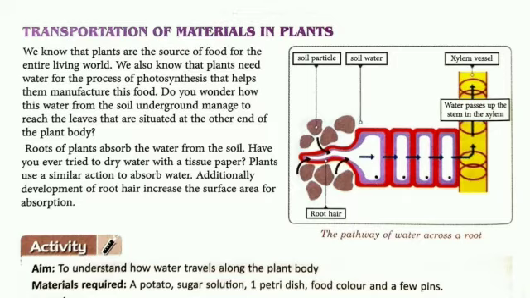The ring in the picture is the xylem. Water passes up the stem in the xylem, and then xylem sucks the water and gives it to the other tissue, xylem vessels. Okay, this is the pathway of water across a root. Read it. Any problem you can ask me in the class.